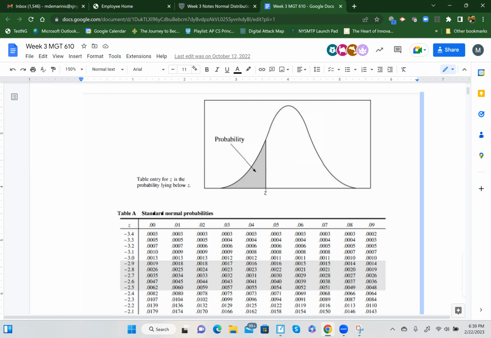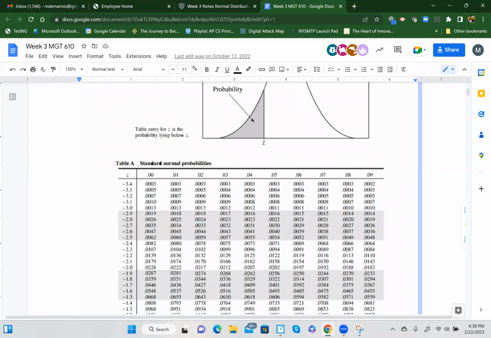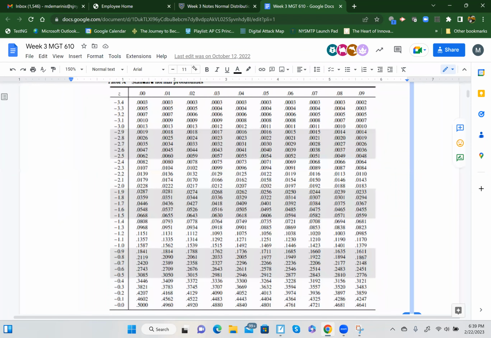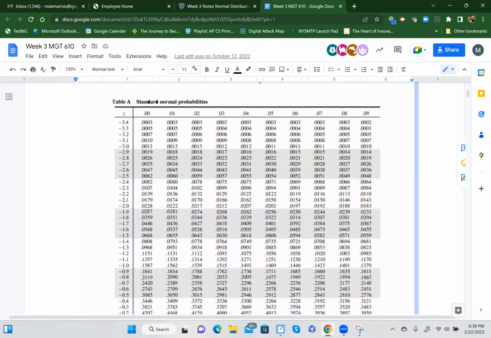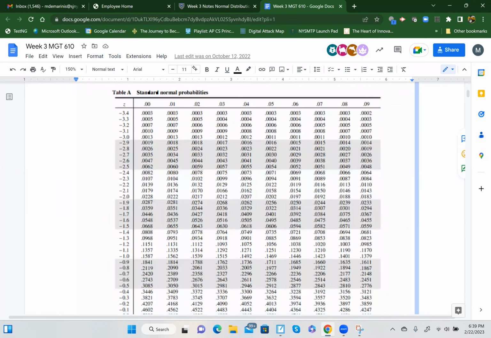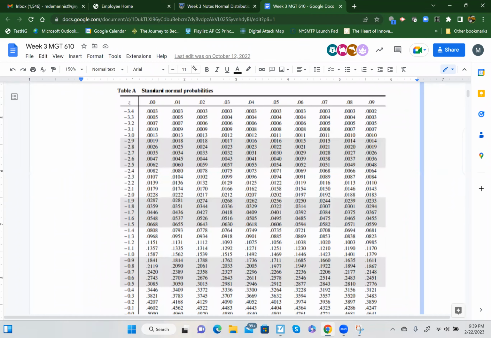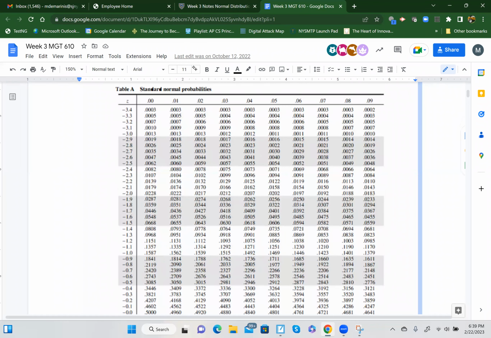And that shaded area to the left of this number Z, this is number Z on the bottom, is given in the chart below. So I want you to look in this chart. On the left-hand side of the chart, it says table A, and right underneath it, it says Z. And then you'll notice there's negative 3.4, and then negative 3.3, and negative 3.2.